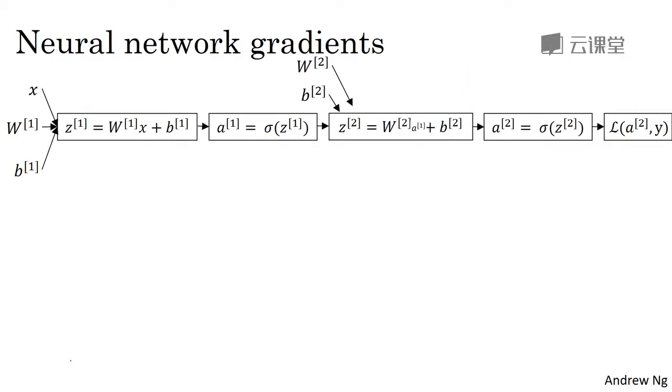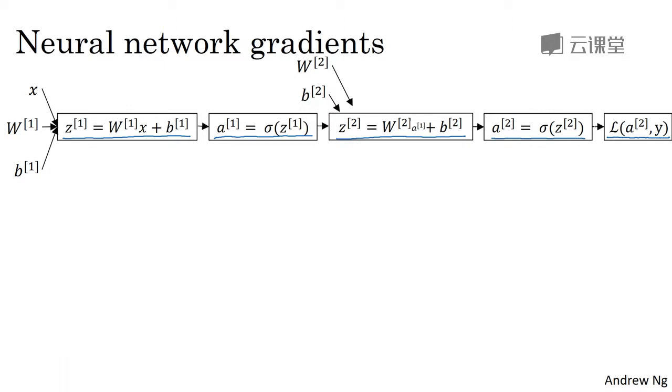So in this two-layer neural network, that is with an input layer, a hidden layer, and an output layer, remember the steps of the computation. First, you compute z1 using this equation, and then compute a1, and then you compute z2, and notice z2 also depends on the parameters w2 and b2, and then based on z2 you compute a2, and then finally that gives you the loss.